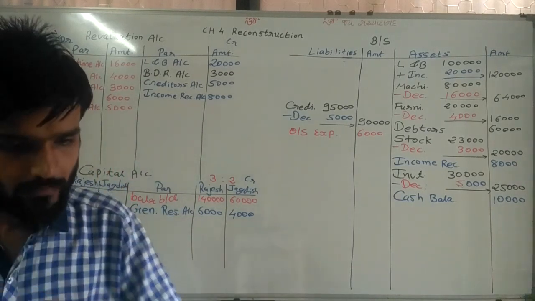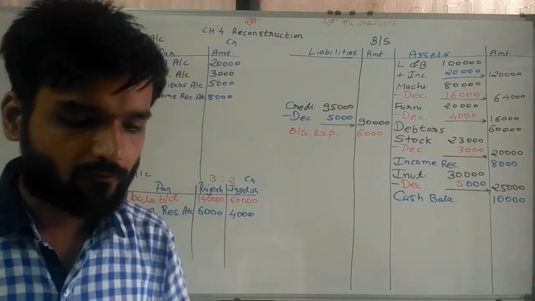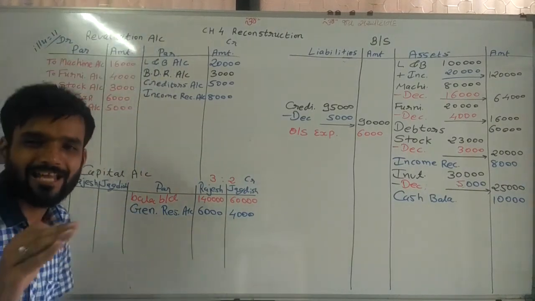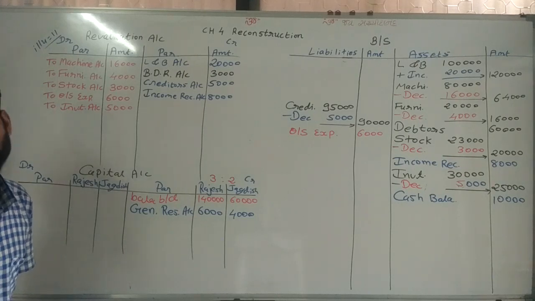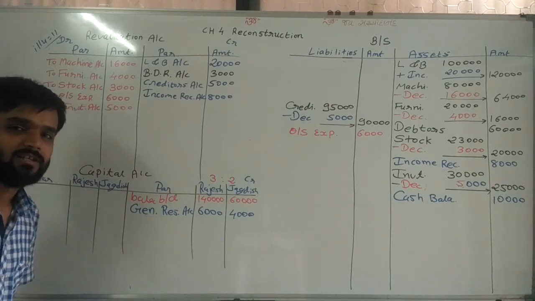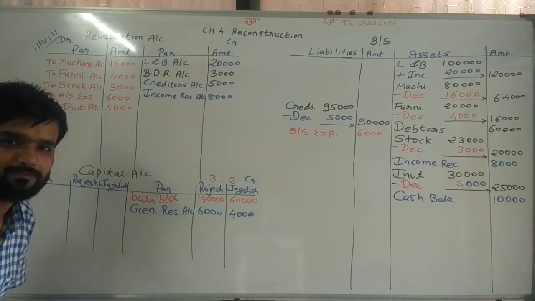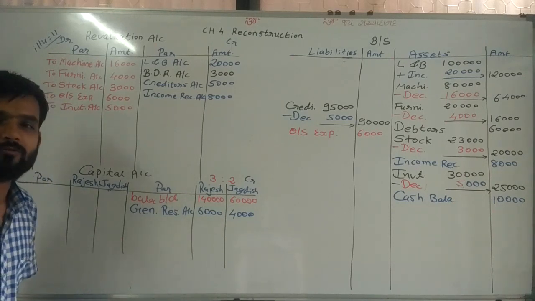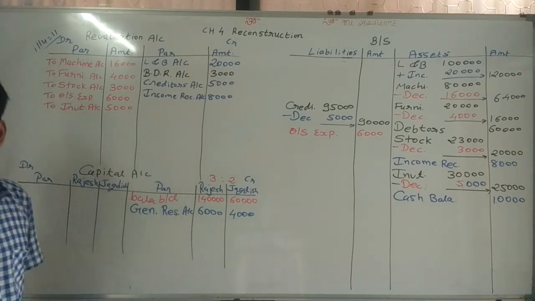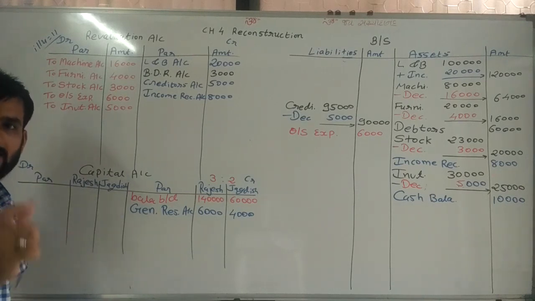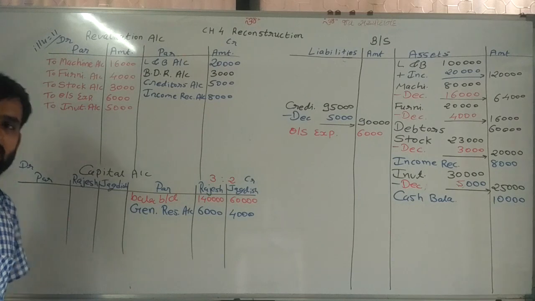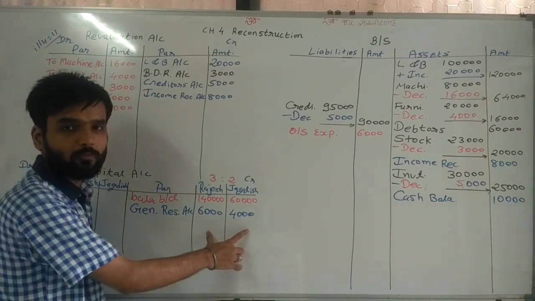That I know. Same way sir, P&L account given 15,000. Same situation. For P&L account also the same situation. Sir, which is the same situation? P&L account balance means it's a profit or it's a loss. Here credit side given means liability side given. It means it's a profit and profit is distributed among partners.